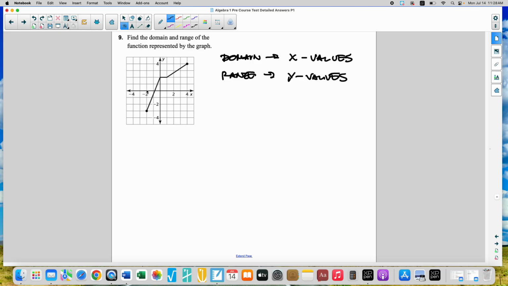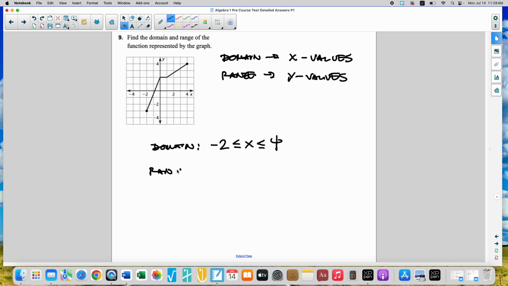Well, it starts at -2 and it goes all the way to 4. So my domain is going to be -2, and it can equal -2, and my x values can go all the way up to 4. So my x values are greater than or equal to -2 and less than or equal to 4.